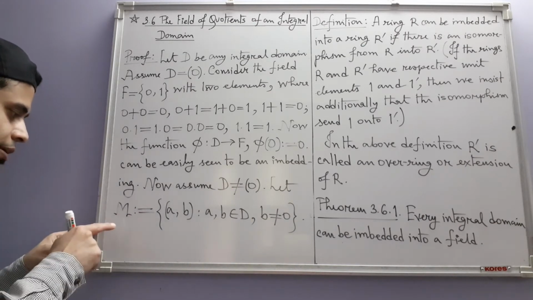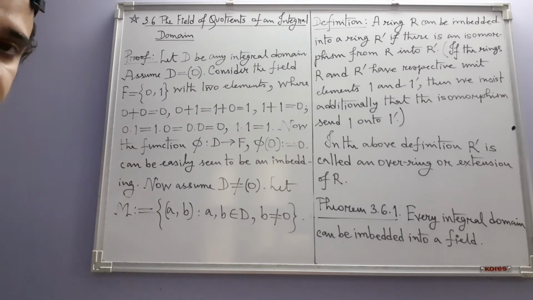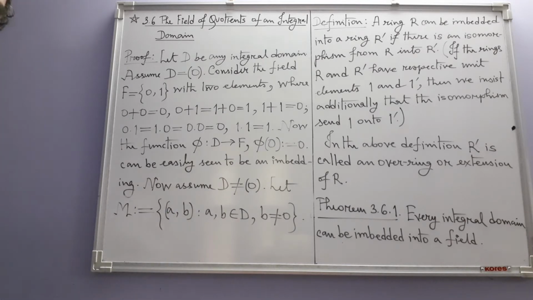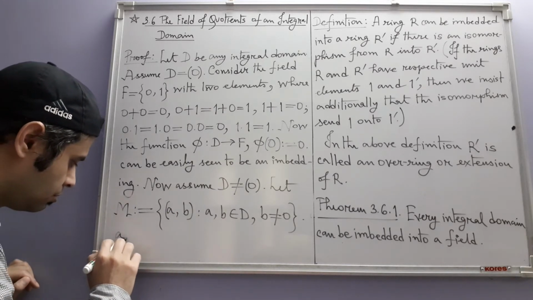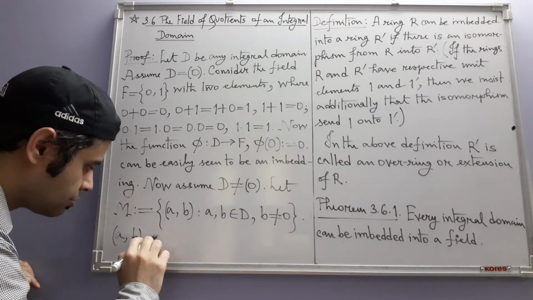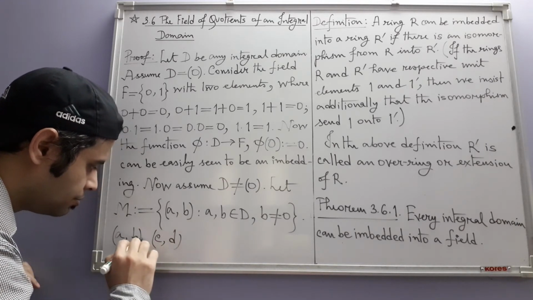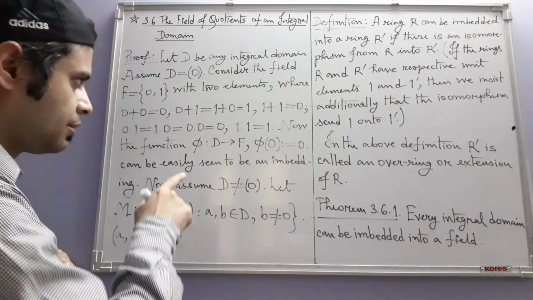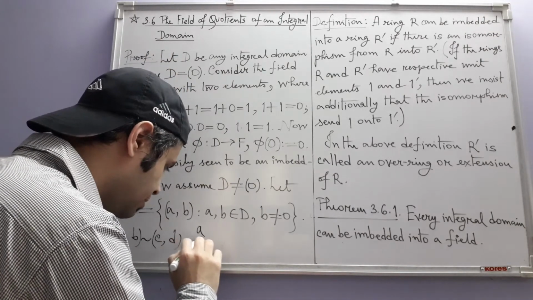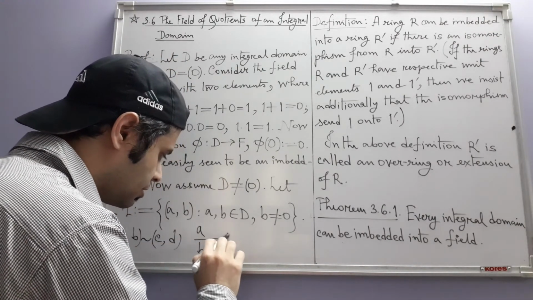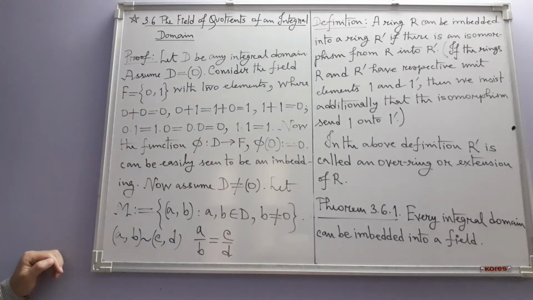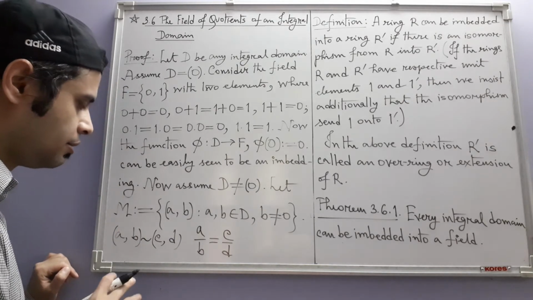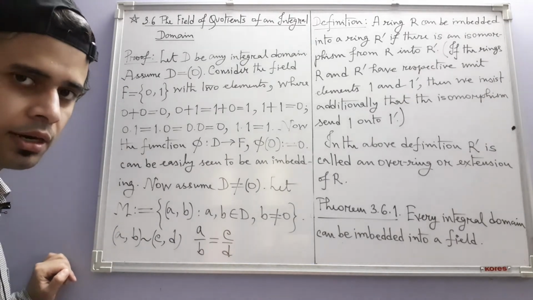Now on this set we are going to define an equivalence relation which will determine which ordered pairs are equal, that is, when these two ordered pairs are considered to be the same, or equivalently, according to our previous discussion, when we have A by B is equal to C by D. Okay, and the relation that we will define here, we have to prove that it's an equivalence relation.